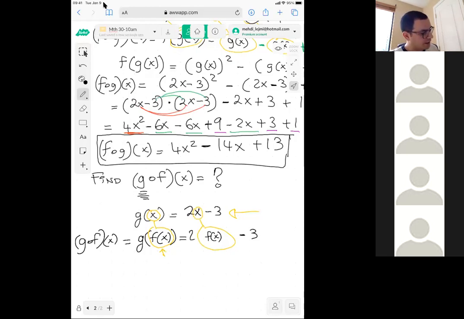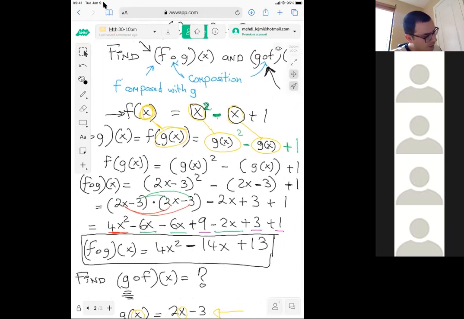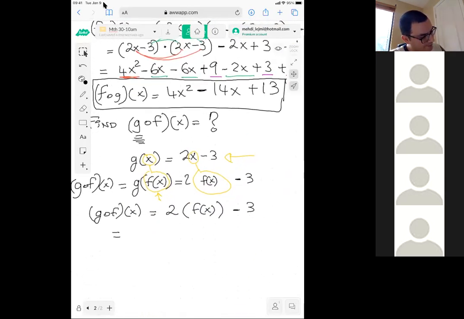So now I can write down my g composed with f of x. So it's 2 times, so again, think of the circles like parentheses, 2 times parentheses f of x minus 3. So f of x is x squared minus x plus 1.